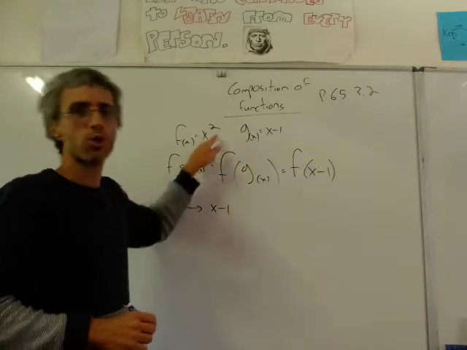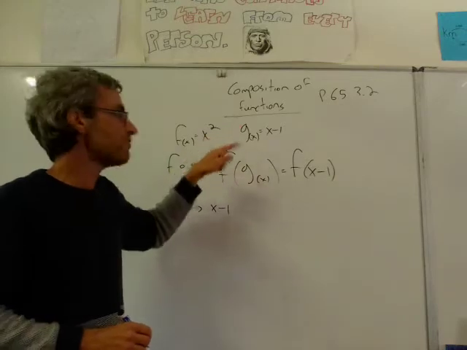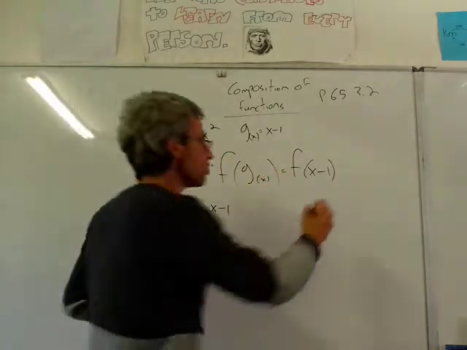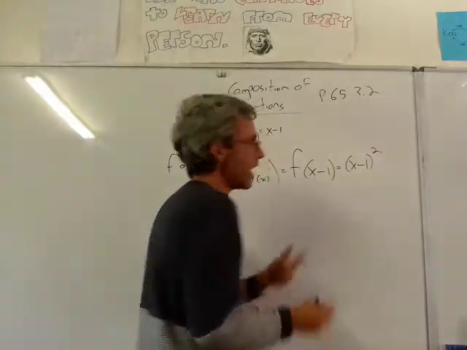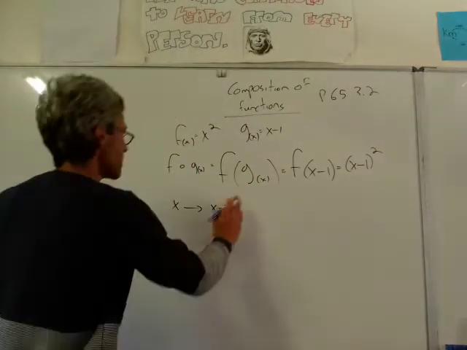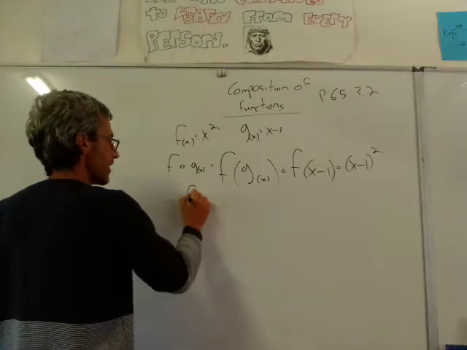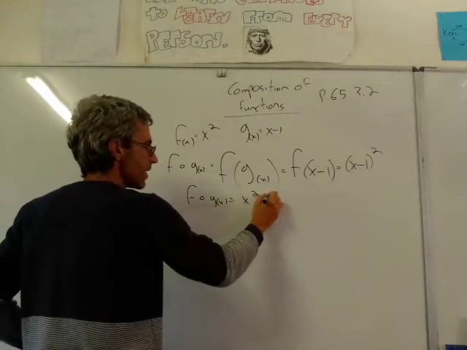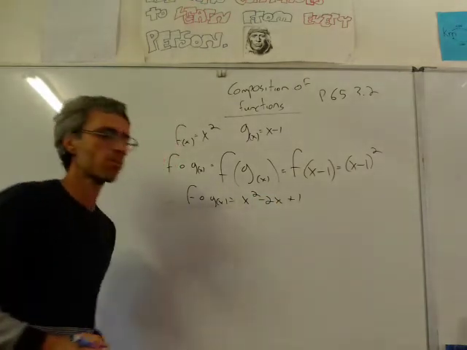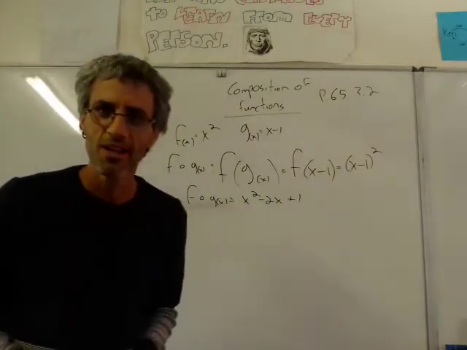Give it 1, it will square 1. Give it 2, it will square 2. Give it an x minus 1, it will just square x minus 1. It will be x minus 1 squared. And we can simplify it. So f of g of x is going to be equal to x squared minus 2x plus 1. Pretty easy.